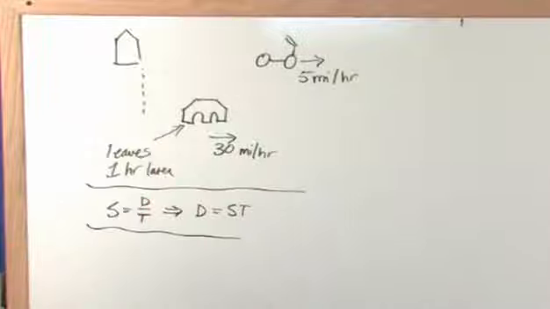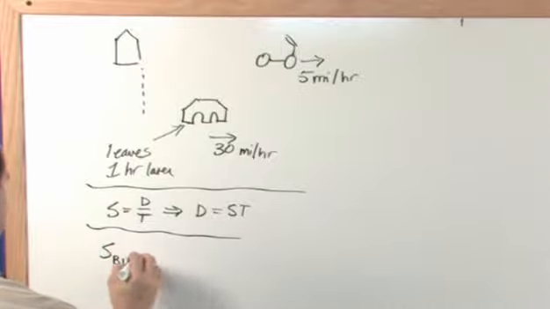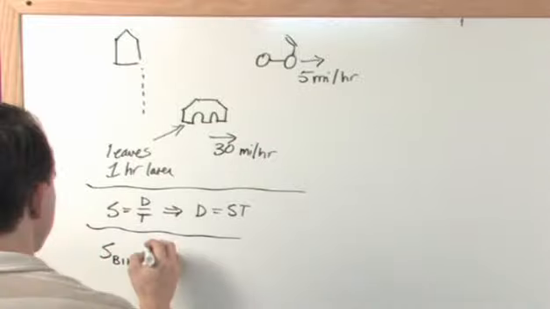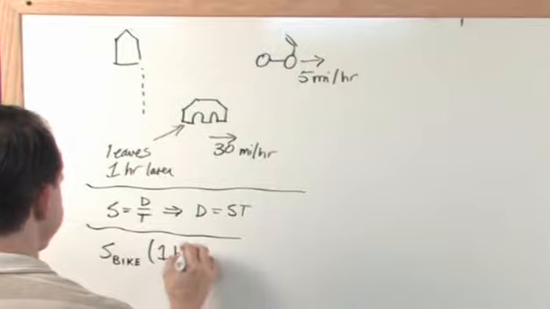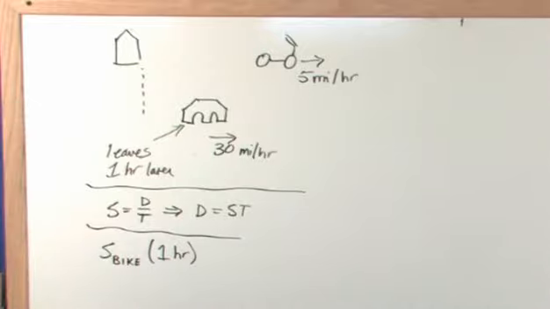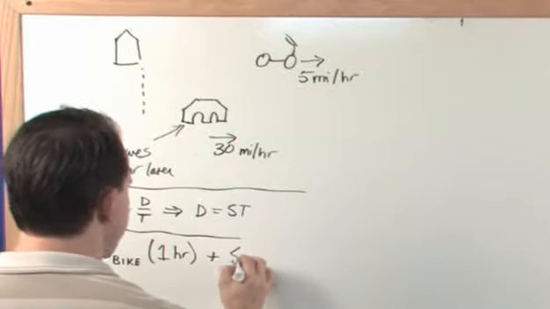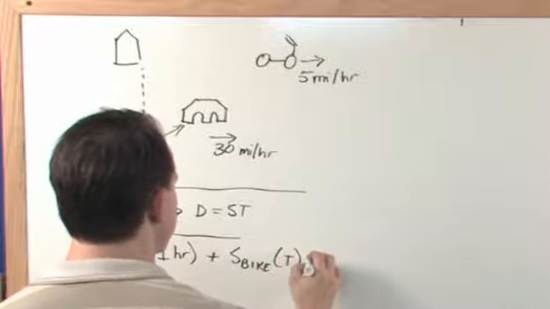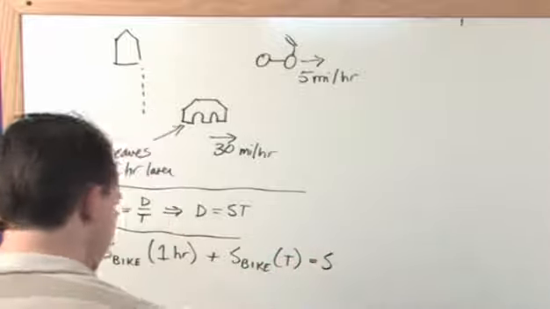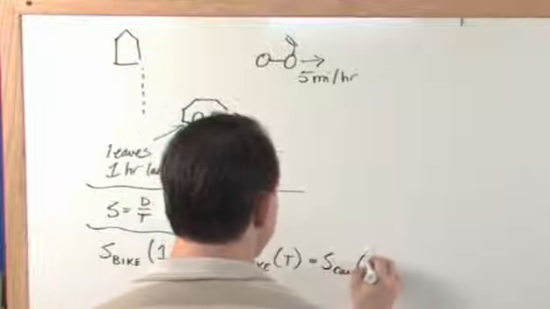Let's write our equation. Okay, the speed of the bike times 1 hour. Let me write this down and then explain what's going on here. Plus the speed of the bike times time traveled is equal to the speed of the car times time.